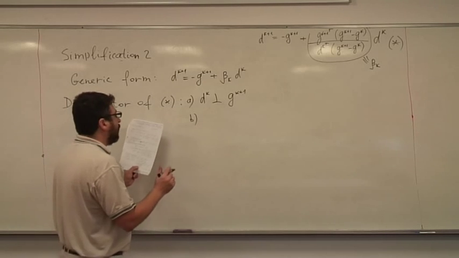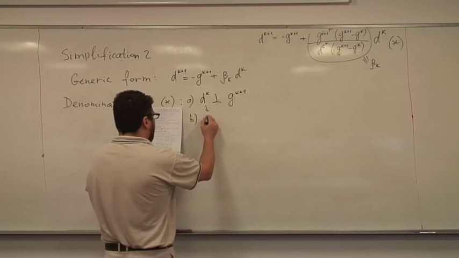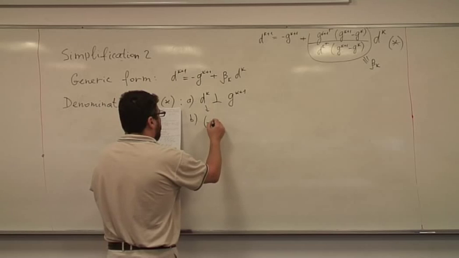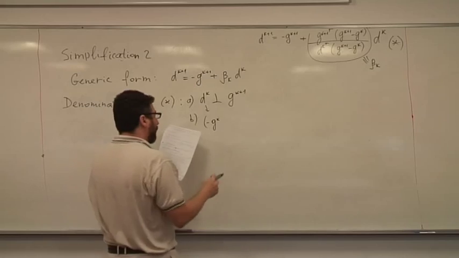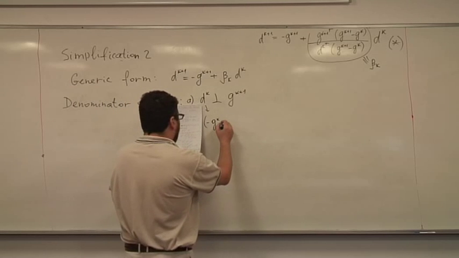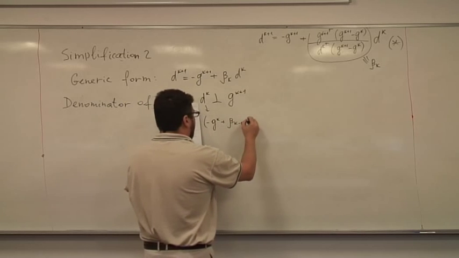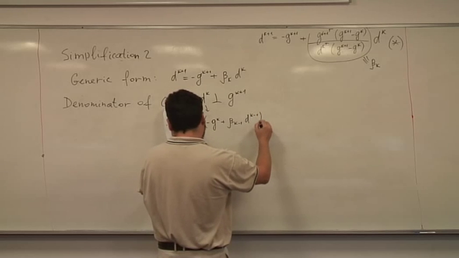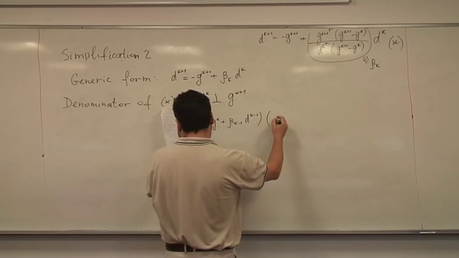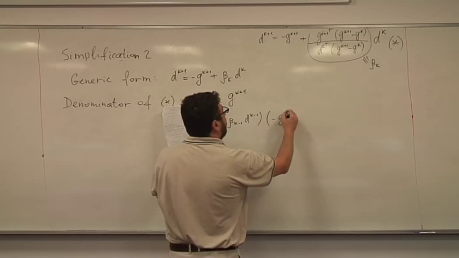Let's open the expression for d_k. It's minus g_k plus beta_{k-1} d_{k-1}, one step back in our sequence, multiplied by minus g_k.